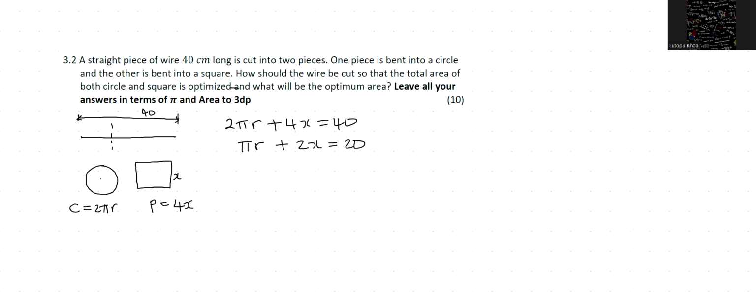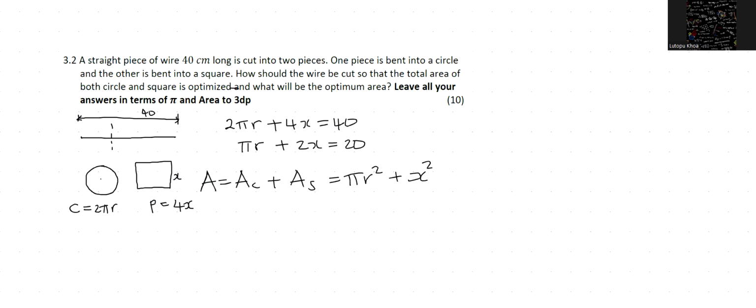Now we are told that we want to optimize the total area. So we need the area of the circle plus the area of the square, and this must be optimized. The area of the circle is pi r squared. The area of the square is x squared. Now you can see what we want to optimize is in terms of two variables, and we don't want that.